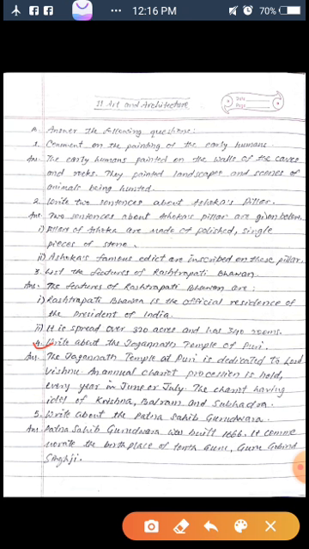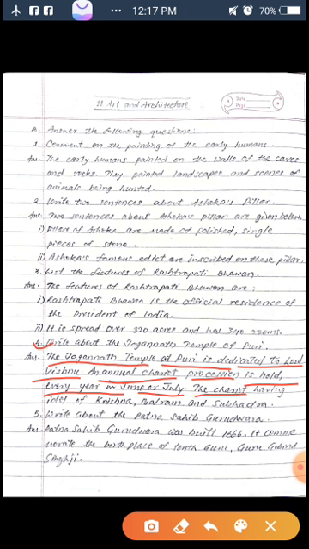Then question number 4, write about the Jagannath temple of Puri. Yes, it is one of the holiest places, one of the pilgrim centers of Hindus. So here the answer is that the Jagannath temple at Puri is dedicated to Lord Vishnu. An annual chariot procession is held every year in June or July.